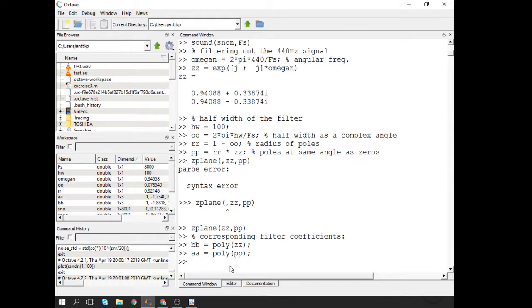Good. Those are the filter coefficients. Done. Now we have a filter. And basically what I can do, let me put the figure 2 and say frequency response of B, A, 1024 points and sampling.